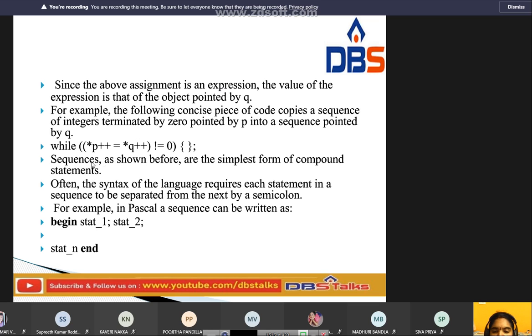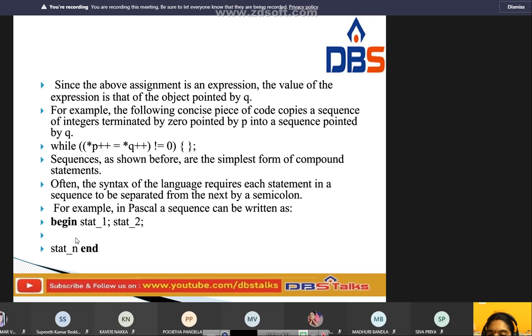In C language, we write like this: while asterisk P plus plus equal to asterisk Q plus plus not equal to 0. This condition has to be checked like this. But in Pascal you have to write: begin, statement 1, statement 2, statement n, end.